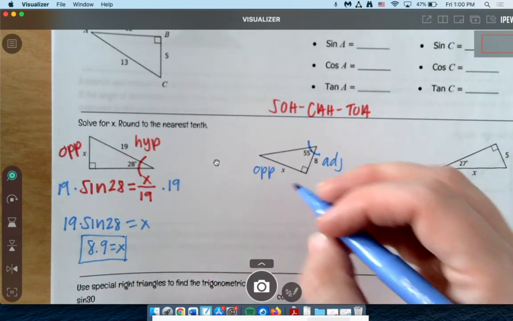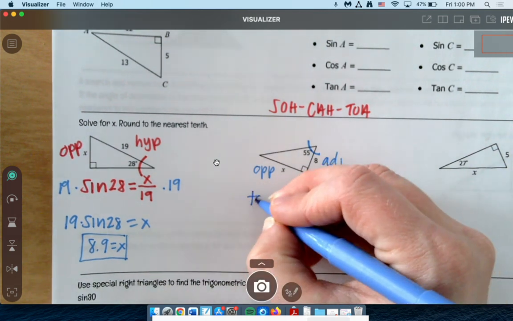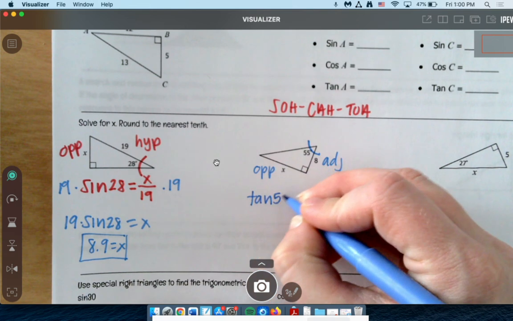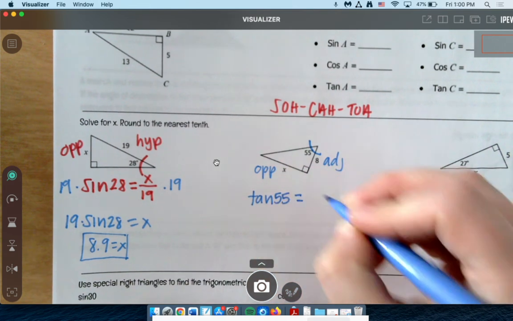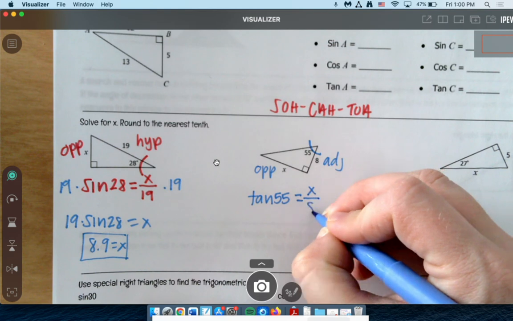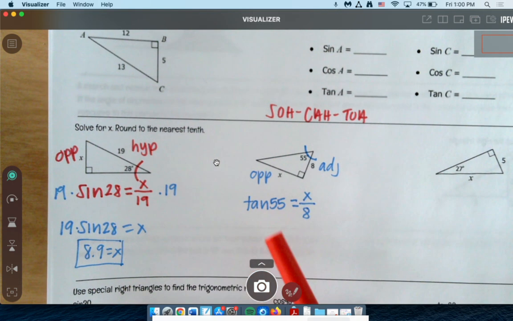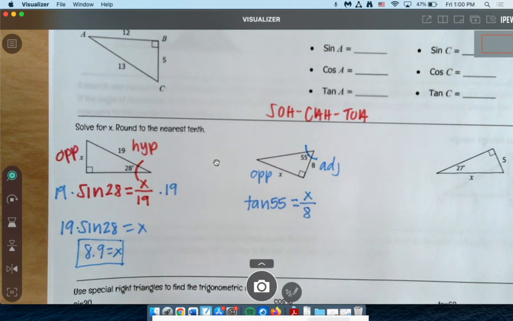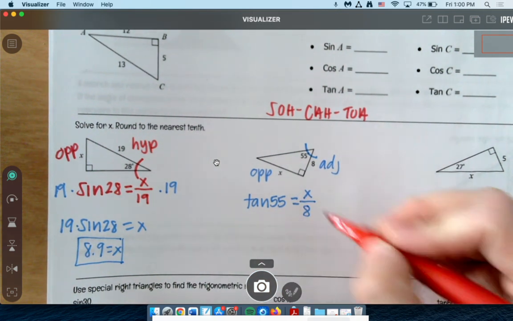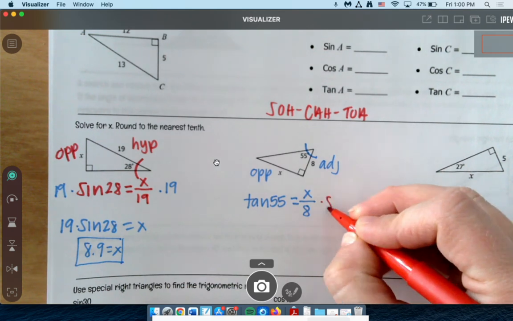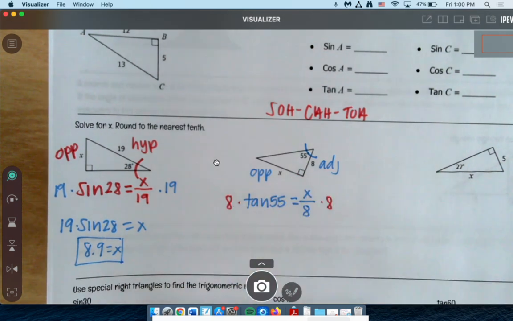So we're going to write the tangent of our angle equals x over 8, our opposite over adjacent. Okay, remember folks, tangent of 55, that's a ratio. You can just type that in your calculator, so it's just some number. How do we get x alone? Well, multiply both sides by 8. There we go.